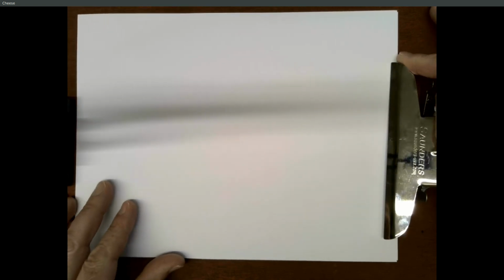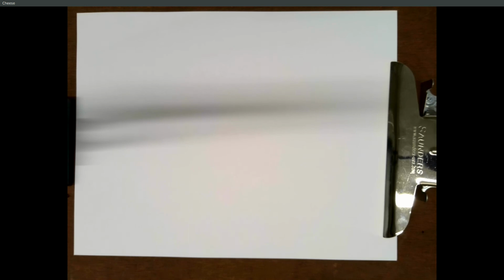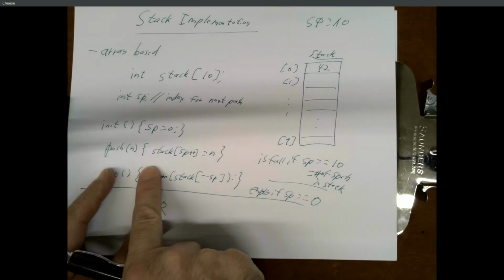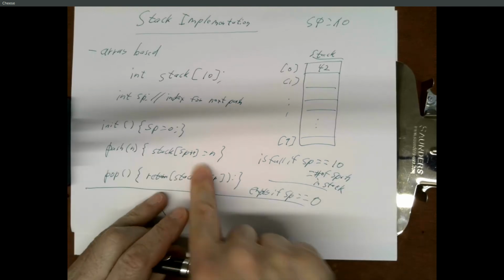All right, so we can implement stacks with arrays, and that's really what happens at the hardware level in most systems, because your stack is stored in memory. Your memory is really just a big array, right? So there's a register called a stack pointer, and we save your data at stack bracket SP.